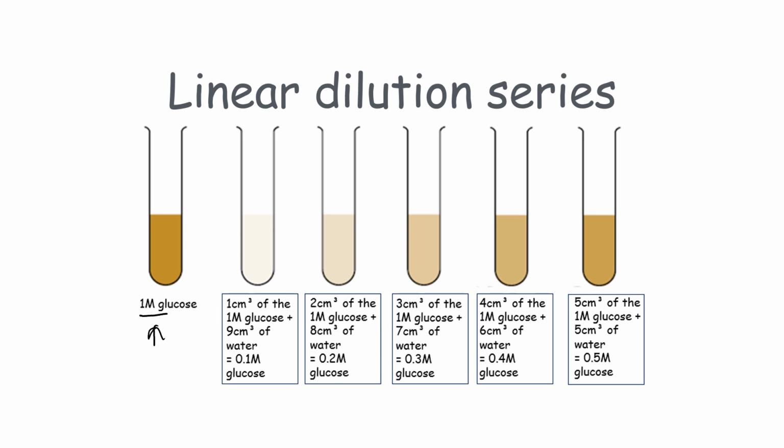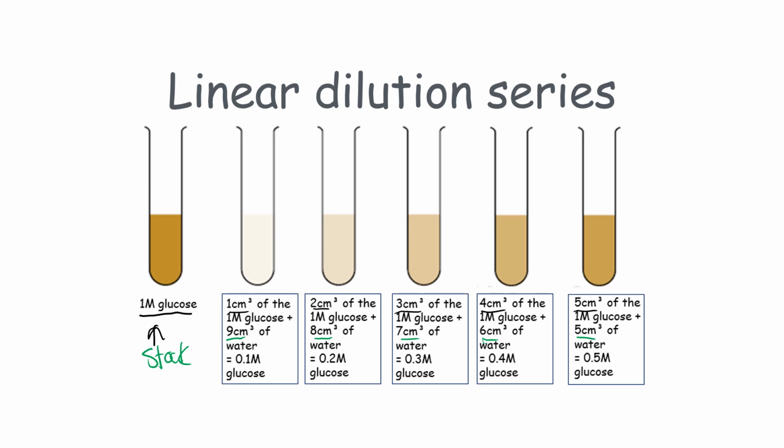So this is our 1M glucose solution. And you can see that in the first one, we've added 1 centimeter cubed. The second one, 2 centimeter cubed, 3 centimeter cubed, 4 centimeter cubed, 5 centimeter cubed. But what we've also done is add water: 9, 8, 7, 6, 5. And what this means is that the more of your stock solution that you've added, the more concentrated the tube will be.